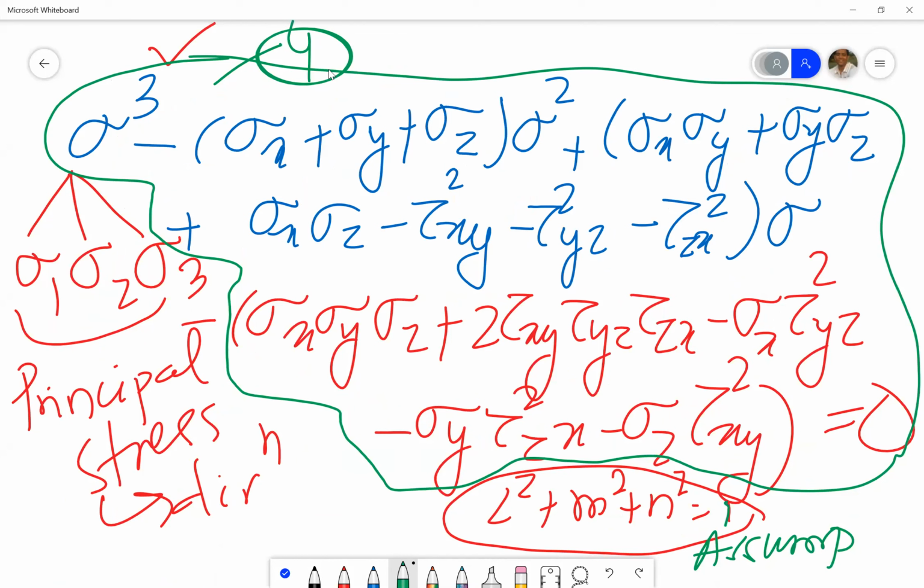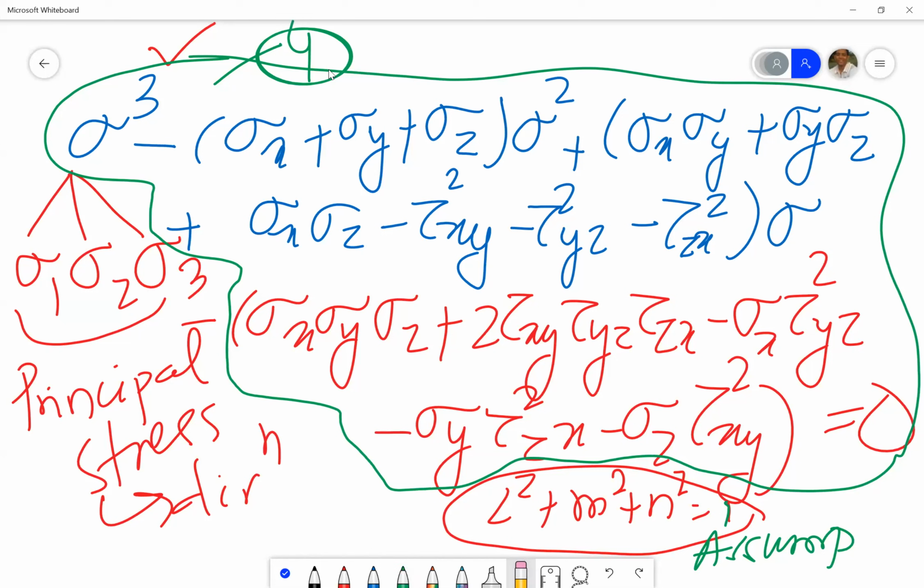So from this equation, we will find some invariant coefficients. The stress components which cannot be changed with direction are called invariant components.